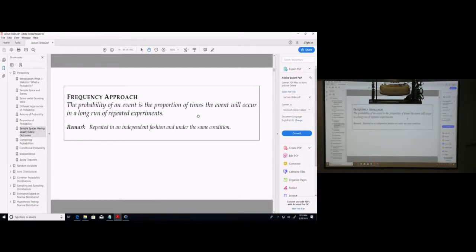We talk about the frequency approach, and one of the most common ways nowadays is to do simulations. This is very frequently done.